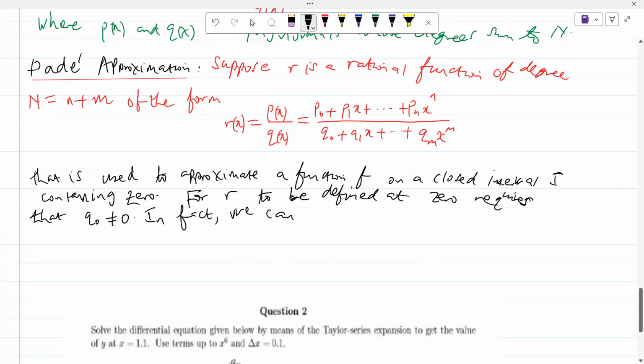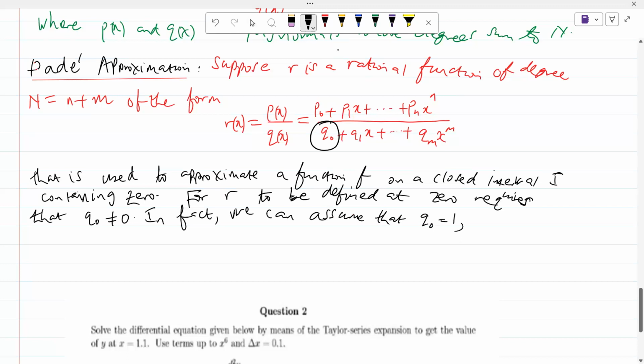We saw it was 1 in the previous example. So we can assume that Q naught is 1, and we always do.